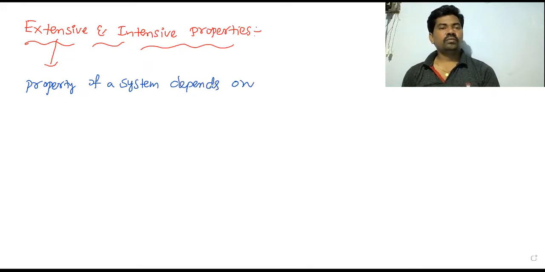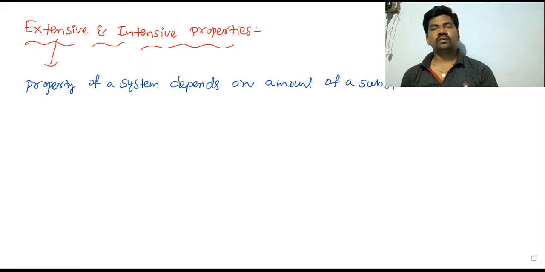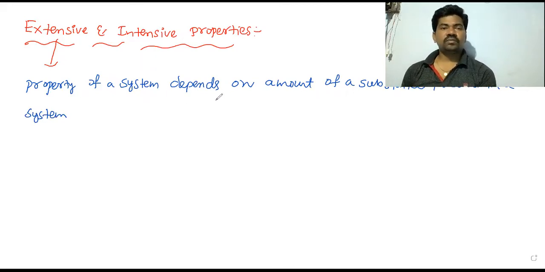The property of a system that depends upon the amount of a substance present in a system is called an extensive property.